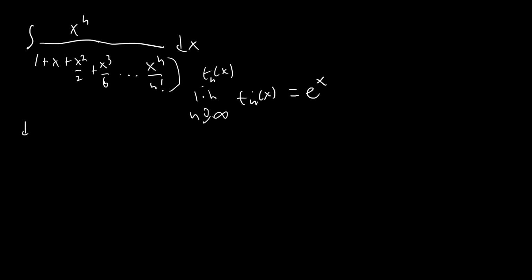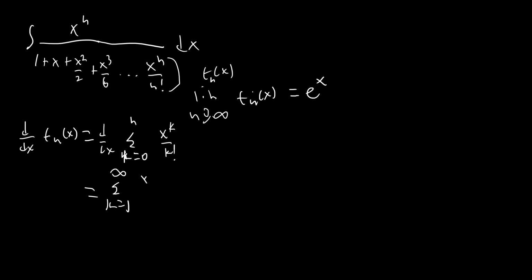So if we notice that d over dx of f_n of x equals the derivative with respect to x of the sum from k equals 0 to n of x to the k over k factorial, which is equal to the sum from k equals 1 to n of x to the k minus 1 over k minus 1 factorial, equals the sum from k equals 0 to n minus 1 of x to the k over k factorial, equals f_{n-1} of x.